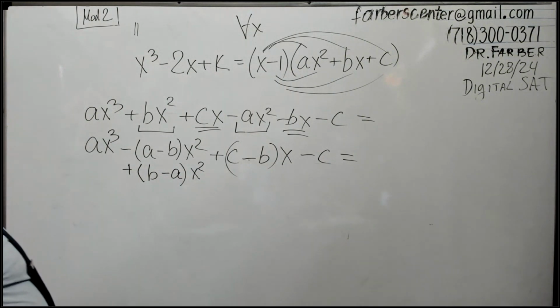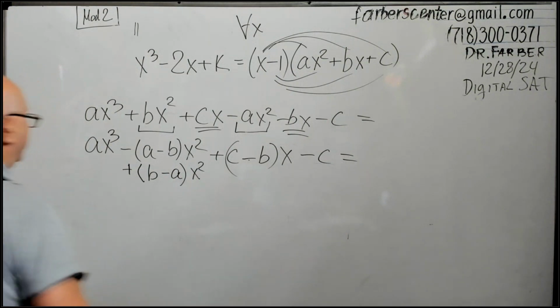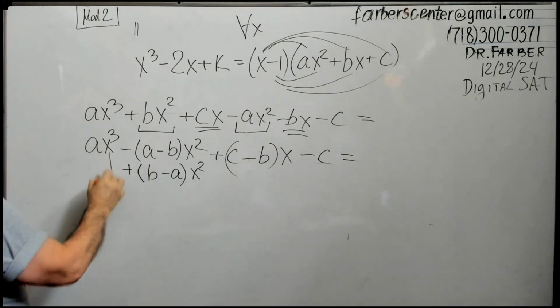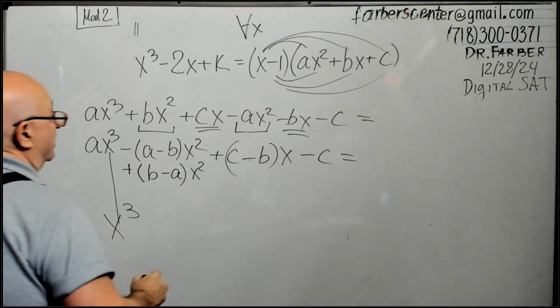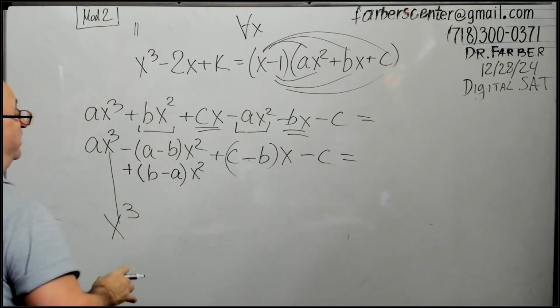Now, students, after you make the expanded form, line up the left part under the same terms: this x cubed, and this is bx squared.